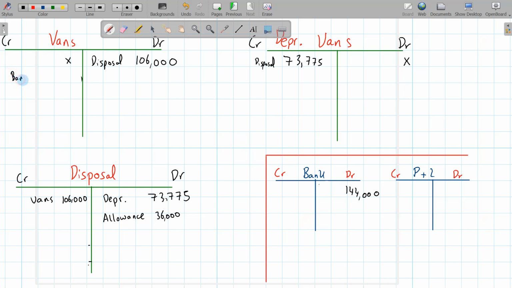So bank plus allowance of 180,000. Okay, that's all I really need to worry about. So there's no compensation, as I said. Now, which side is bigger? 73,775 plus 36,000 is 109,775.